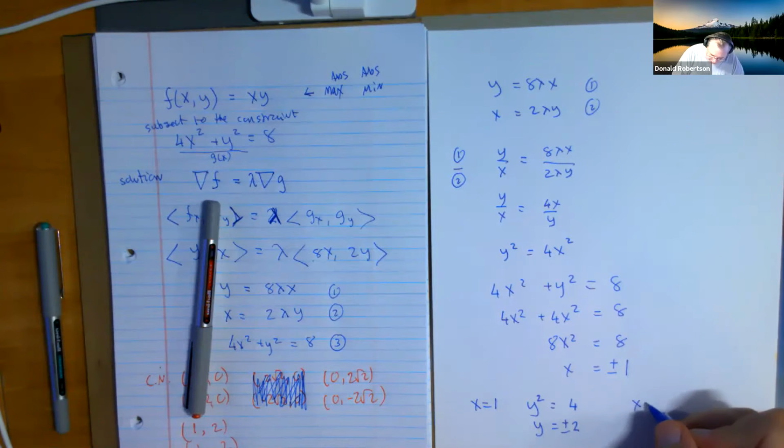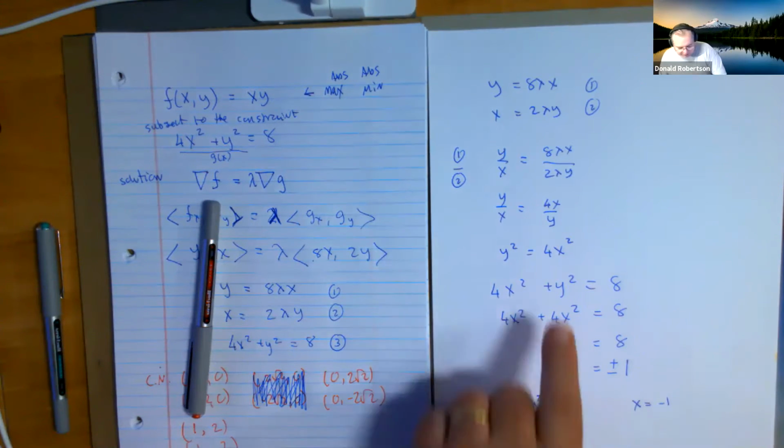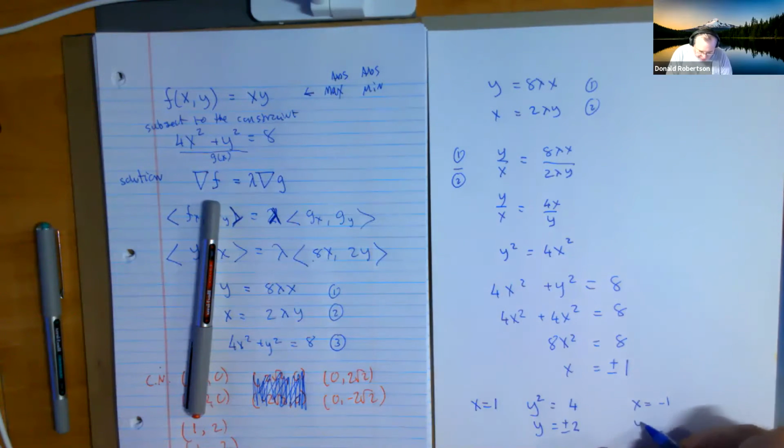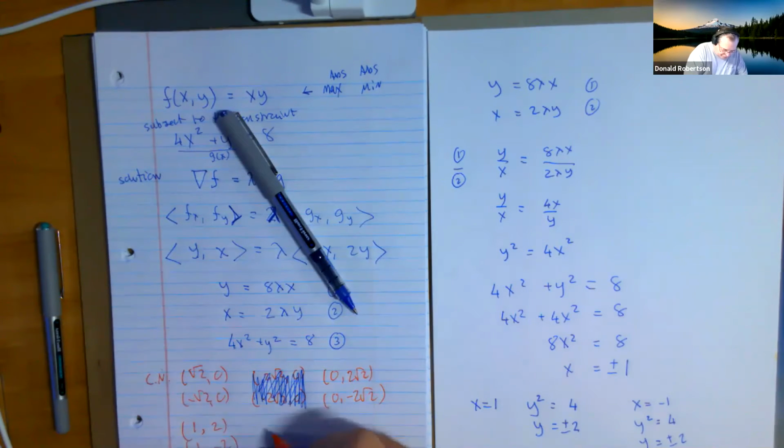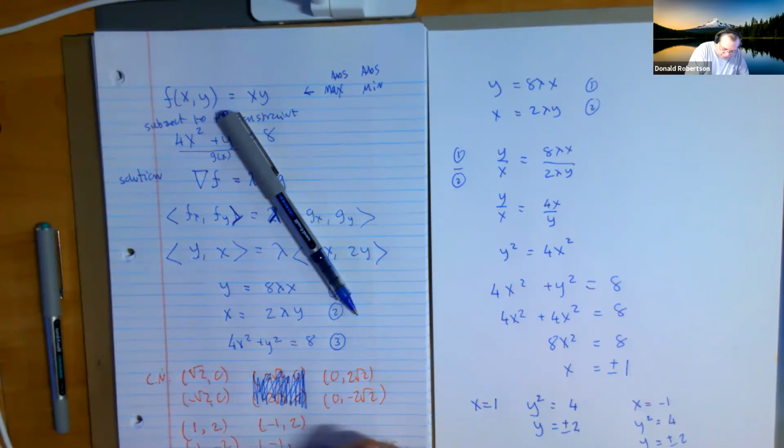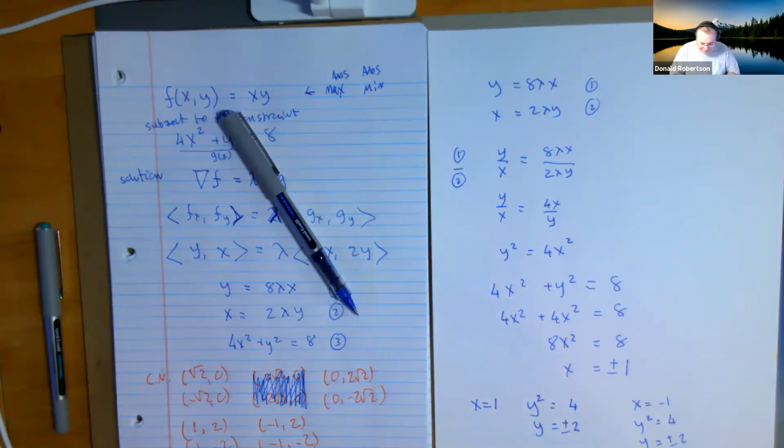And if x equals negative 1, won't y squared be 4? And so won't that get me plus or minus 2 again? Which means I now have negative 1 and 2, and finally negative 1 and negative 2.